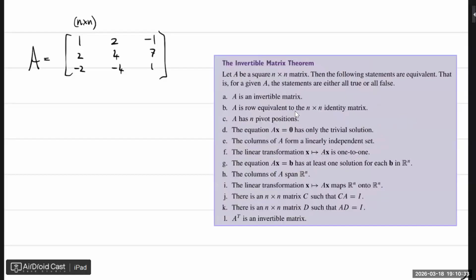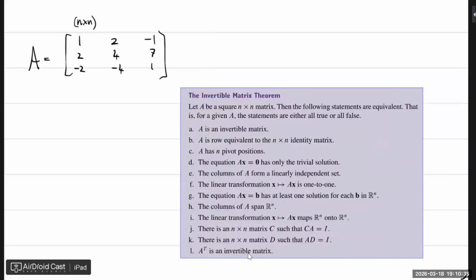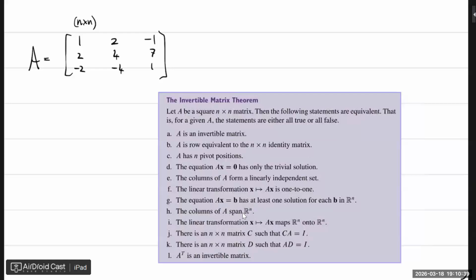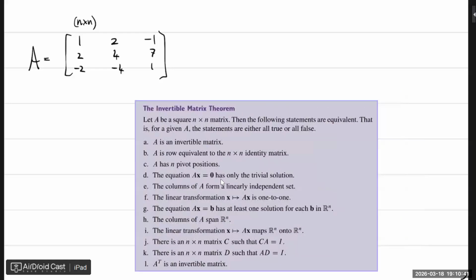If any of these are true, then the transpose is not an invertible matrix. The columns do not span Rn. This equation does not only have the trivial solution. All of that will then be true for that. And let's see if there's another one.